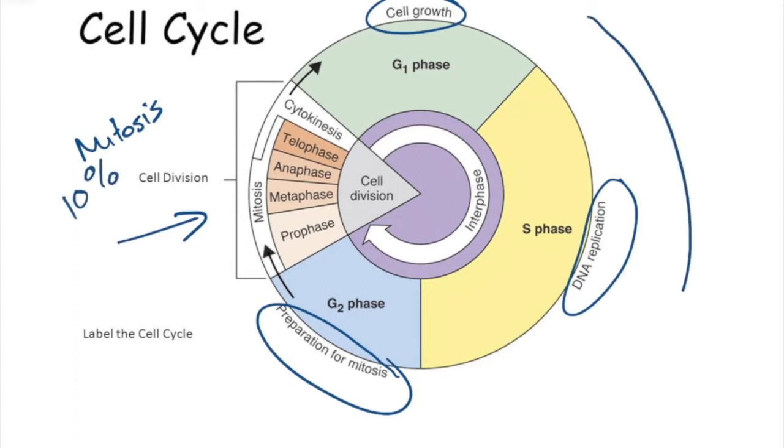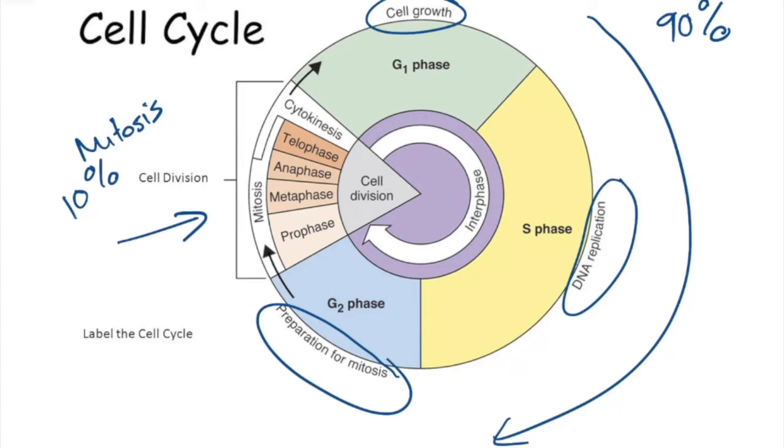So they spend 90% of their time just doing what they should be doing, their normal cell function. If it was an eye cell in the retina, it would be receiving light impulses, for instance, and it's going to do its function. But it will also get ready to divide, to replace the cells that are lost or that are damaged. And so then it's going to be doing the other parts.